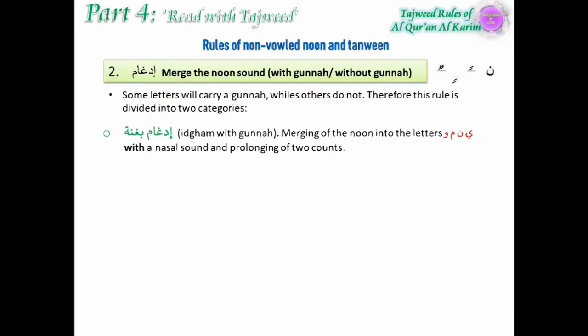These letters are merged with a nasal sound and a prolonging of an average of 2 counts. I have explained the counts before. It depends on your speed of recitation. More of this ghunna and the counting, inshallah, in future videos.